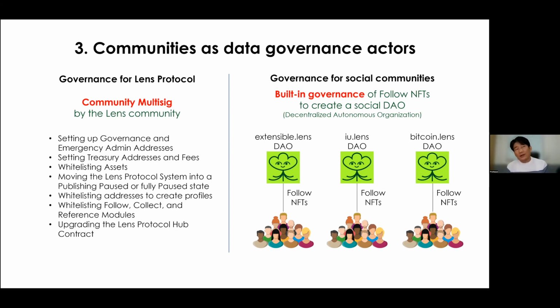And another governance scheme is built-in governance. It's a very interesting feature. Lens is extensible. With my profile NFT, if I have 100 followers, I can make my own social group, and then my followers can participate in voting because Lens protocol already implements a governance scheme.